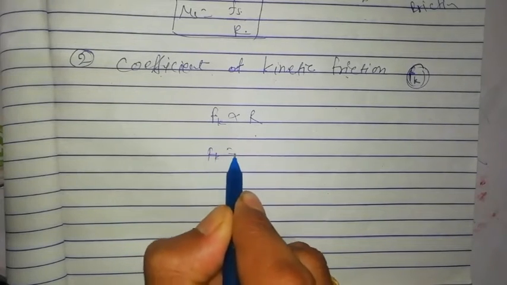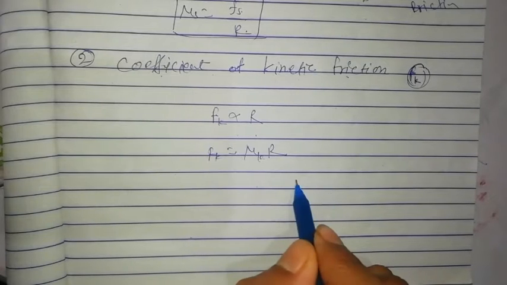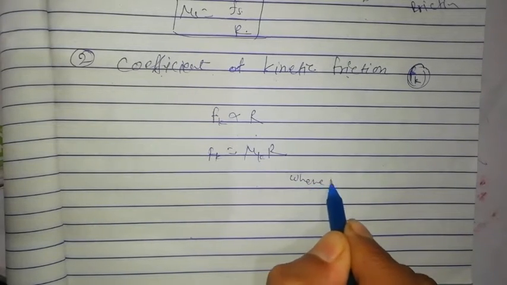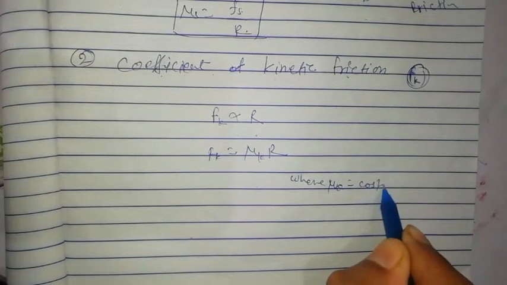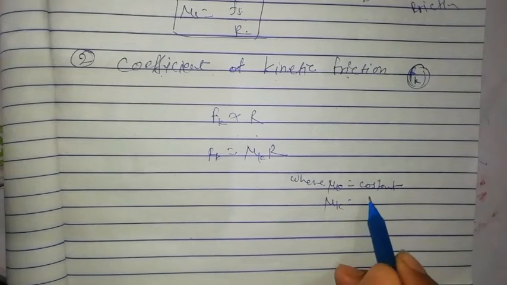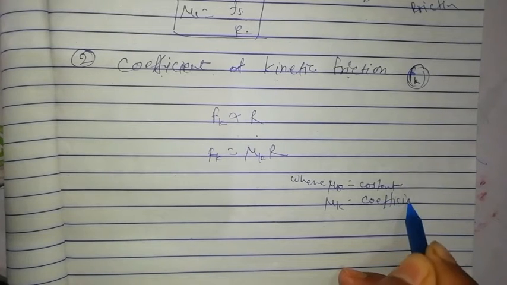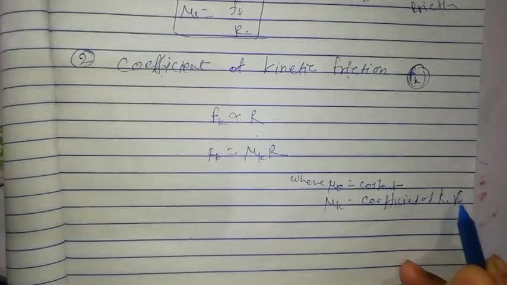Fk equal to mu K R, where mu K is a proportionality constant, and mu K is also known as the coefficient of kinetic friction.